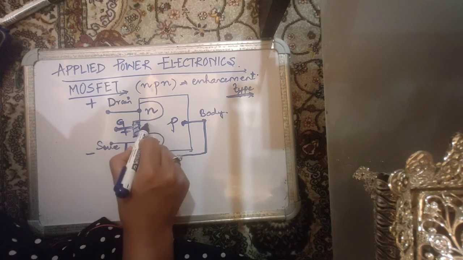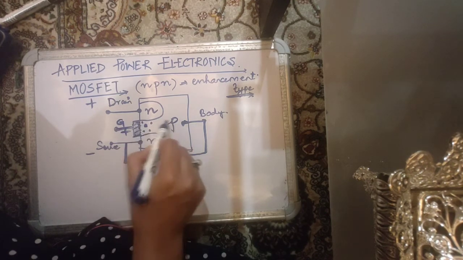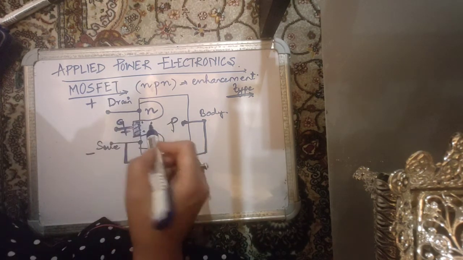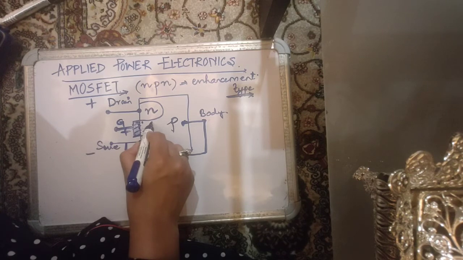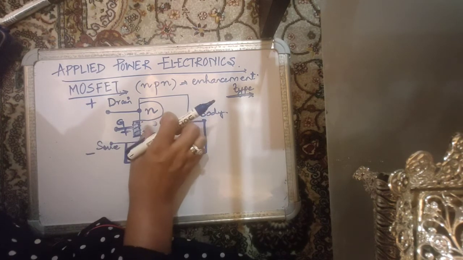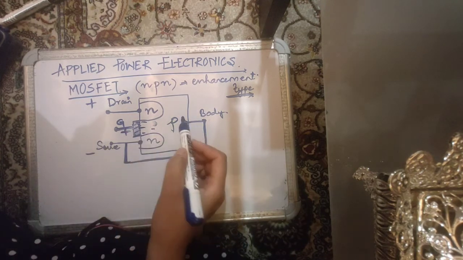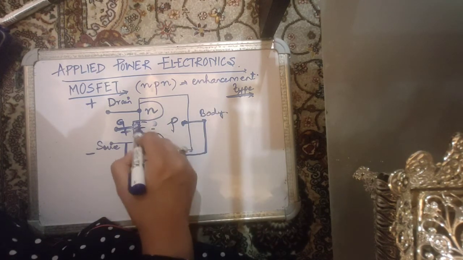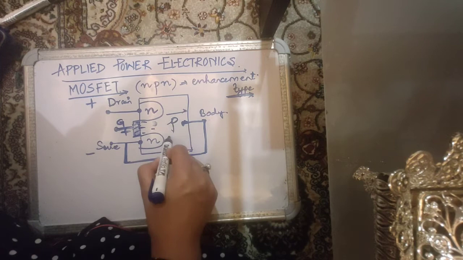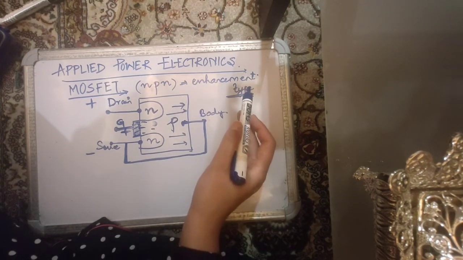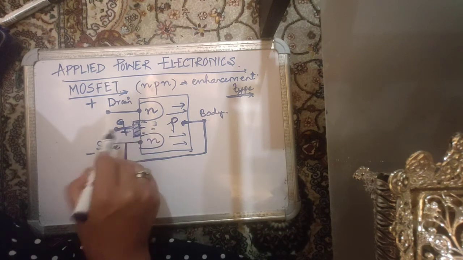So all the electrons, they are very few because they're minority carriers in the p region. There might be very few electrons here, but the holes, which are large in number, are vacated from this region, and they start moving away to the other side of the wafer, away from the positive gate.